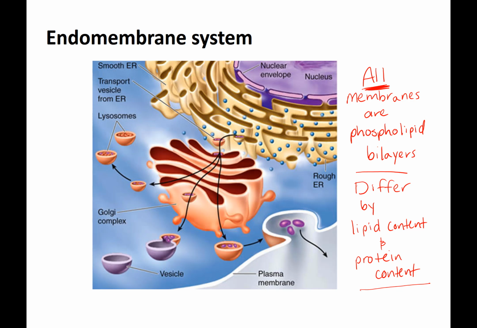But what I want you to understand is that, like Play-Doh, membranes can interchange on these organelles in the endomembrane system, which means pretend you have a pile of purple Play-Doh and you have a pile of yellow Play-Doh.